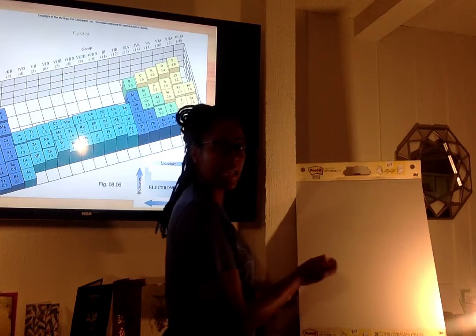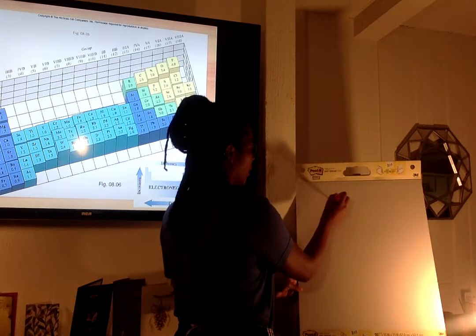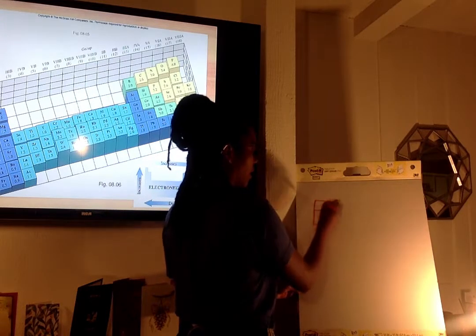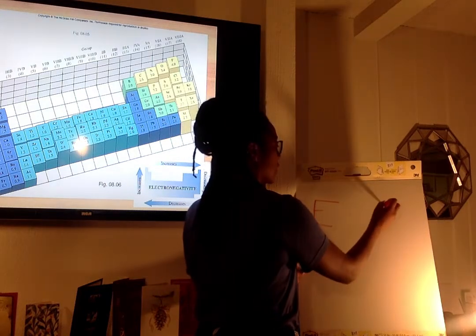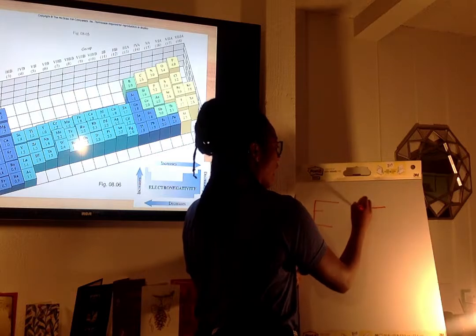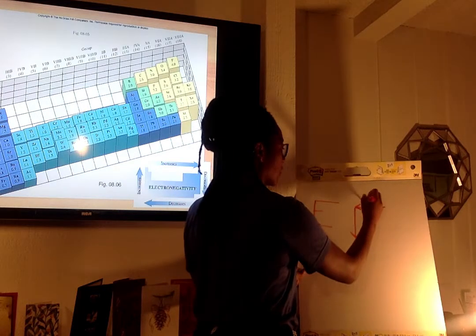You start here and go left. So the trend for electronegativity is that it decreases in this direction and it decreases in this direction.